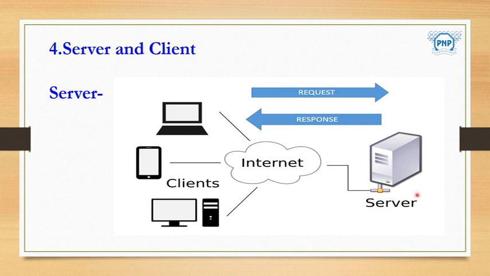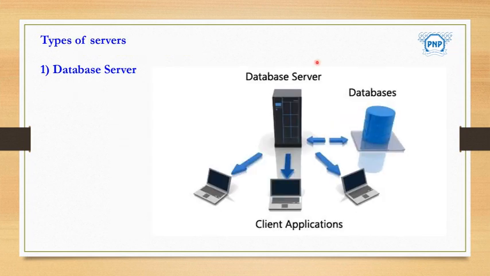So next, check what are the types of servers. They are also very important. Here you can see the types of servers. Database server. A database file is a tabular collection of related data on some subject and stored on a computer.